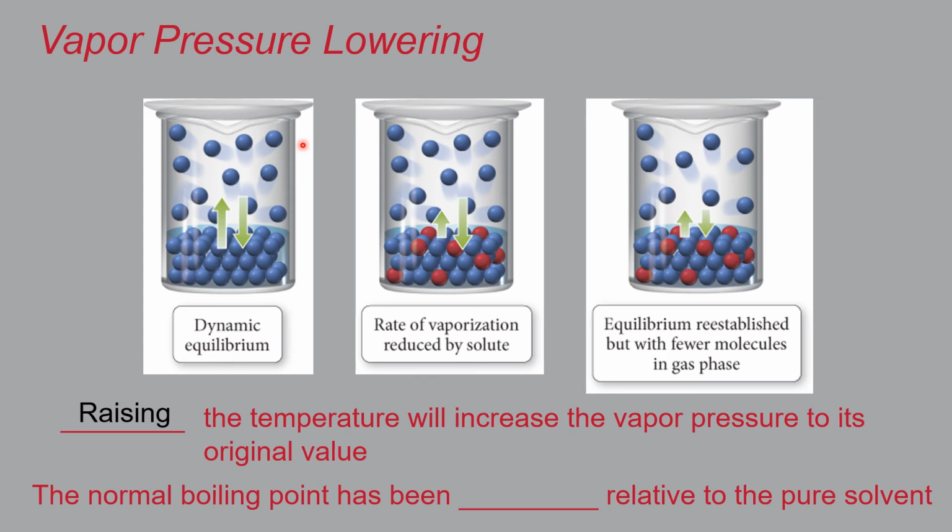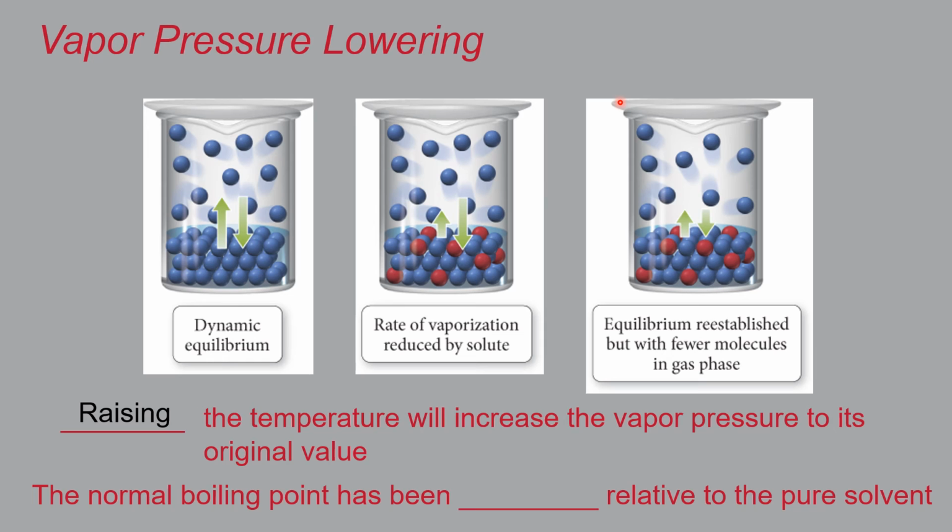Now, recall, the normal boiling point of anything is the temperature at which the vapor pressure is equal to the ambient pressure, whatever that happens to be. So 0.86 atmospheres in our lab.